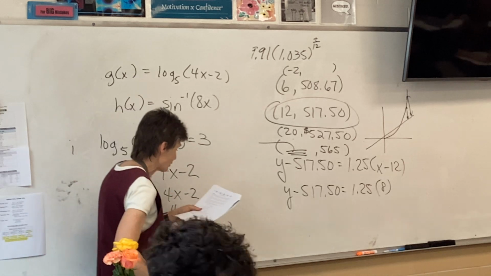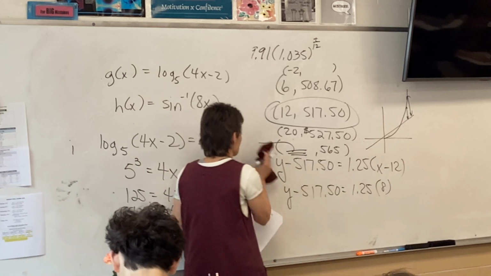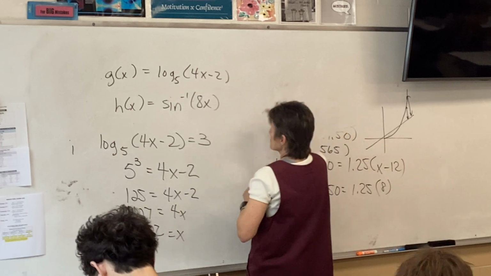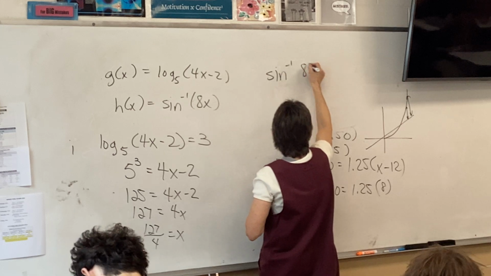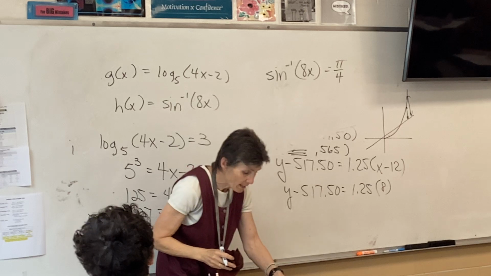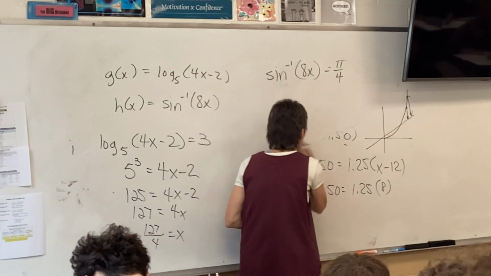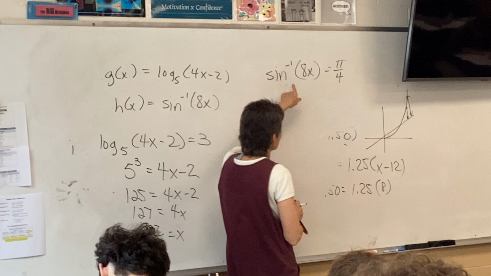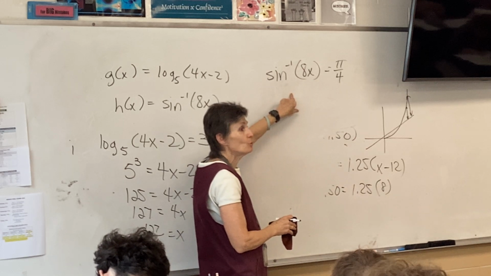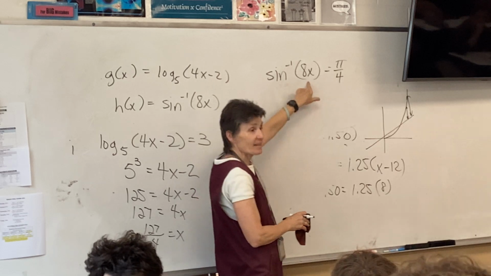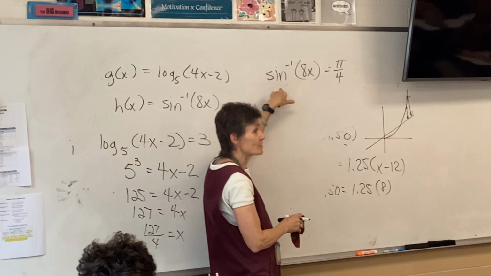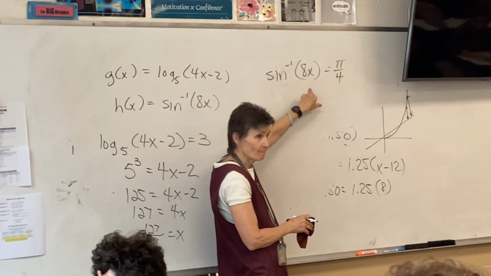All right, so h of x equals pi over 4. This is what it looks like. This is an incredibly easy problem if you know what this says. What does this say? The angle whose sine is this number is pi over 4.